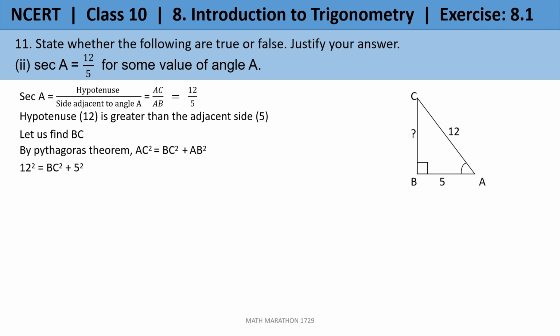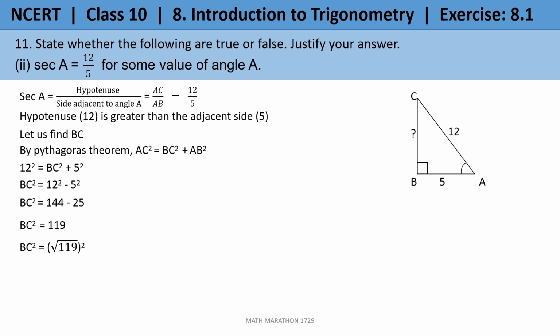Let us subtract 5 square on both sides of the equation. BC square is equal to 12 square minus 5 square. BC square is equal to 144 minus 25. BC square is equal to 119.